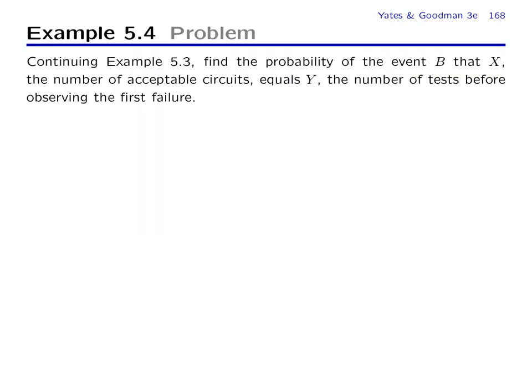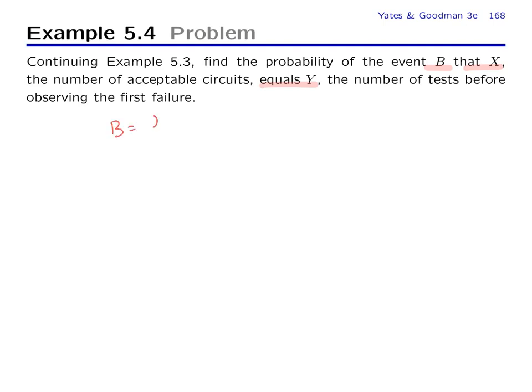So going back to our simple example of testing two circuits, we had random variable x, the number of acceptable circuits, and y, the number of tests before observing the first failure. And in this problem, you're asked for the event B that x equals y.